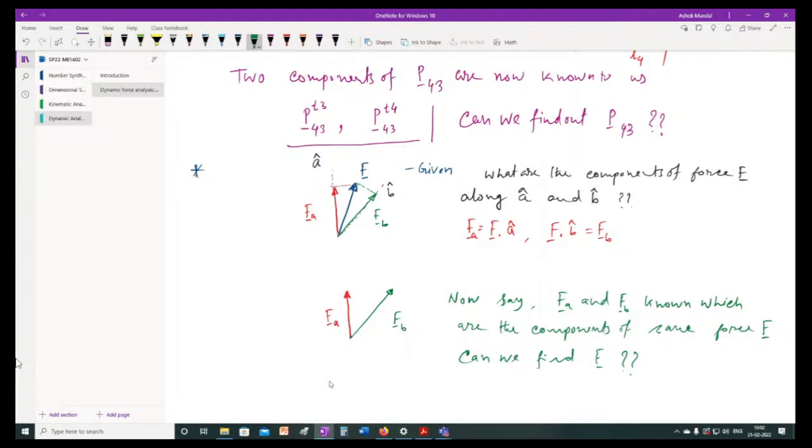Yes, sir. By drawing perpendicular lines and getting the intersection of these lines.